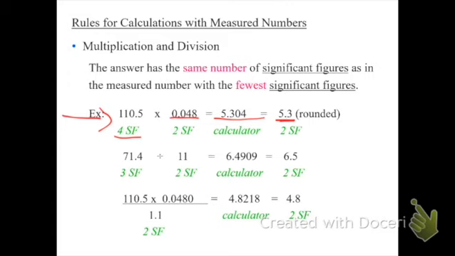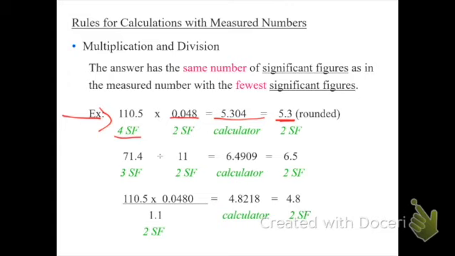Let's look at this next example: 7.14 divided by 11. So 7.14 has 3, 11 has 2. So the answer should have just 2. Therefore, the answer we get, which is 6.4909, rounds to 2 significant figures, which is just 6.5.